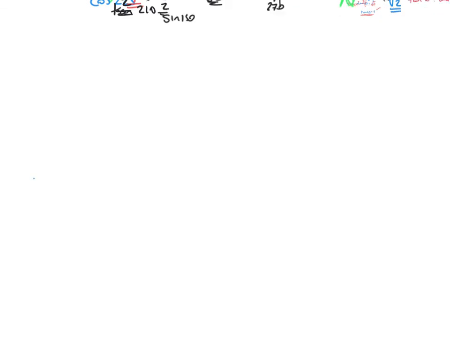Okay, let's try one more. Let's go for cos 150. Let's get the cast diagram. Okay, so 0, 90, 150.